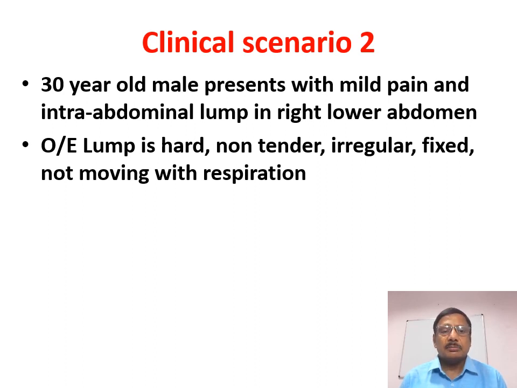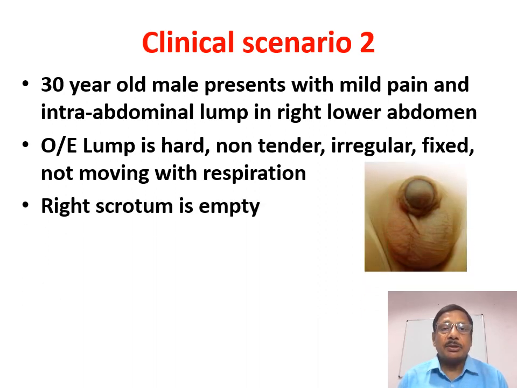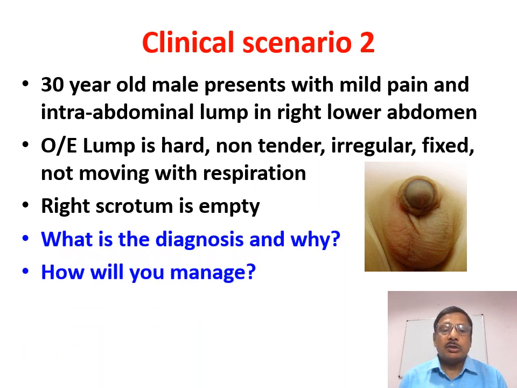What do you think? What should you examine more? Definitely the examination of the abdomen is not complete without the examination of the scrotum, and you find that the right scrotum is empty. Now what is your diagnosis and why? How will you manage this case?